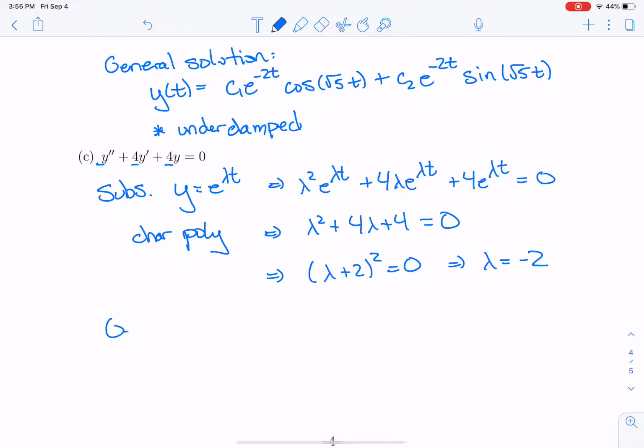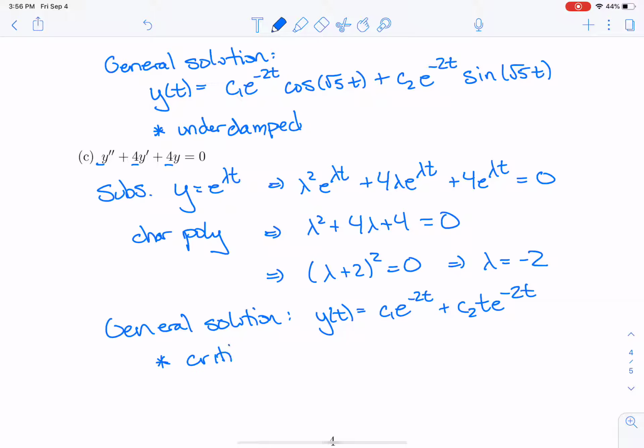So my general solution is going to be y of t equals c1 e to the minus 2t plus c2 t e to the minus 2t. That is a critically damped oscillator.